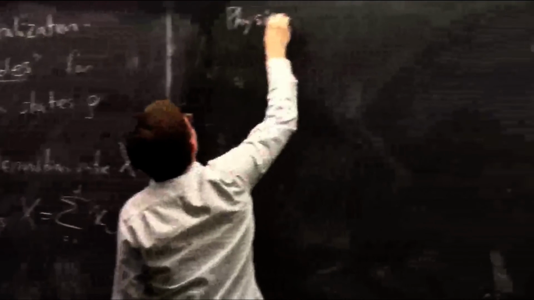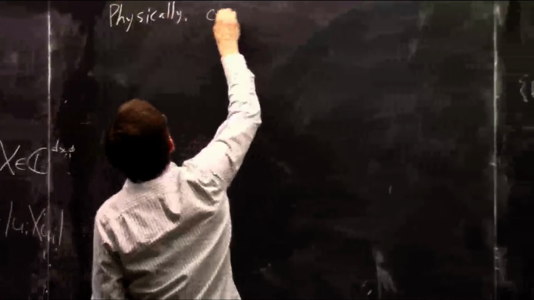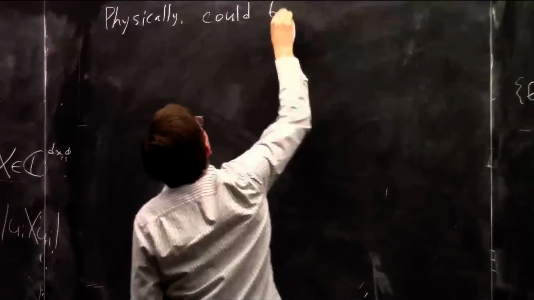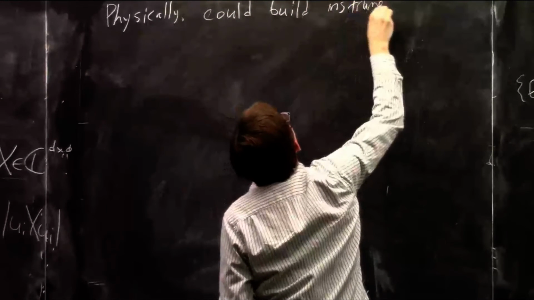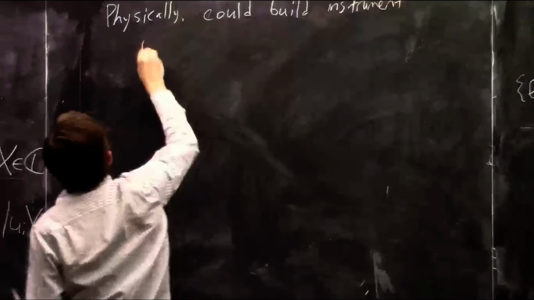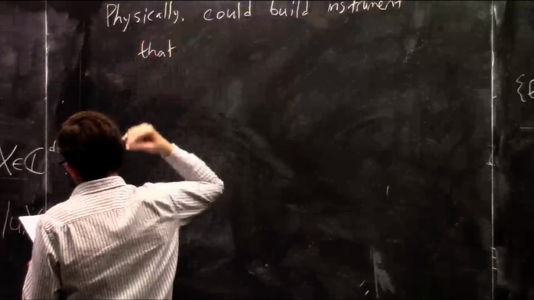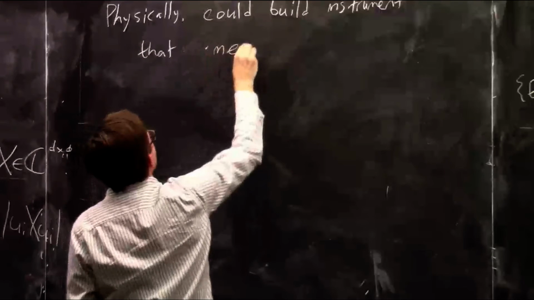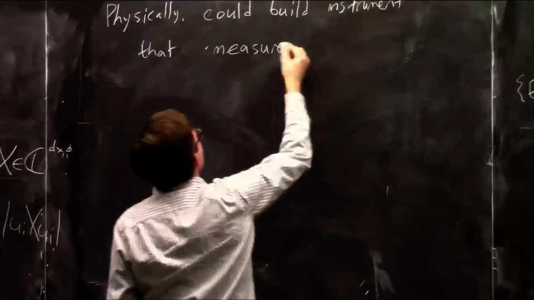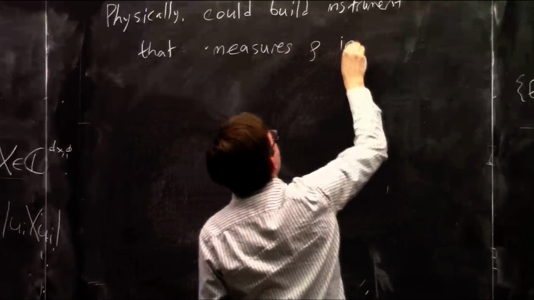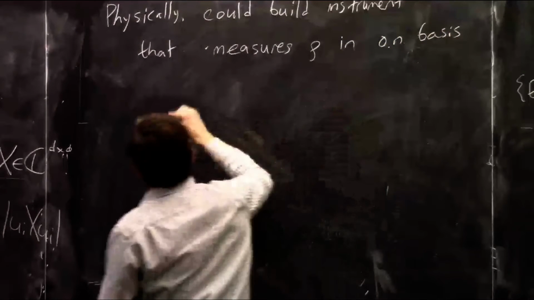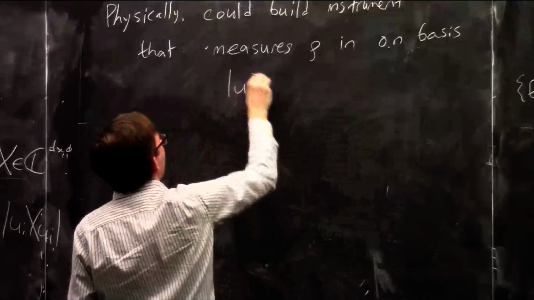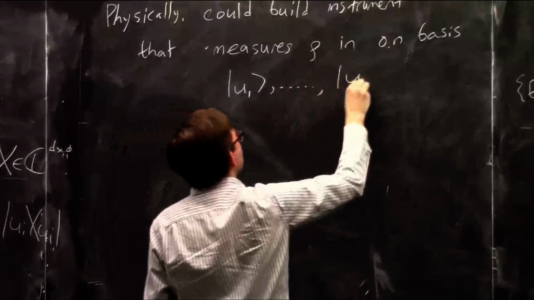Physically, you could build an instrument or a measuring device that did two things. First, it measures the state rho, or the particle rho, in the orthonormal basis of the u's, the eigenvectors of X.